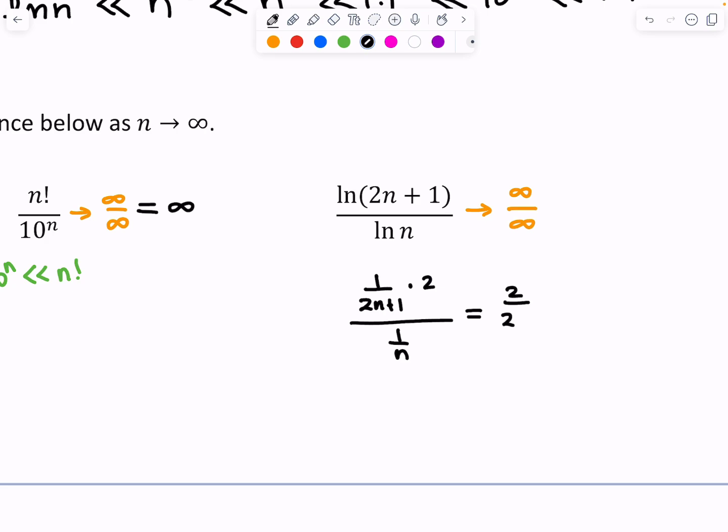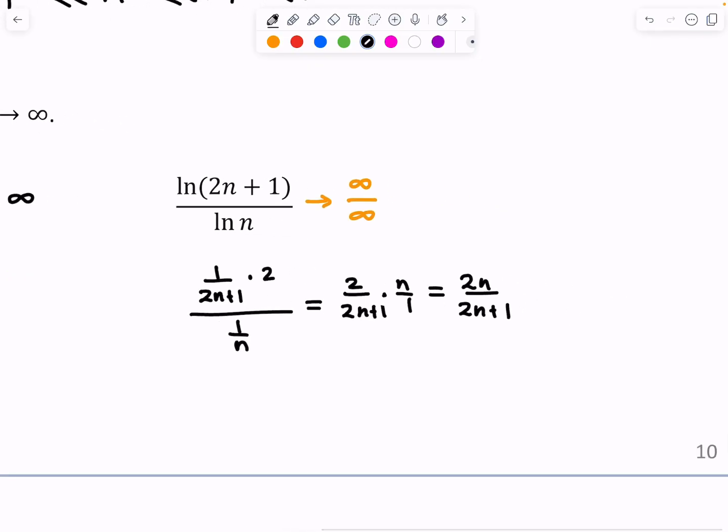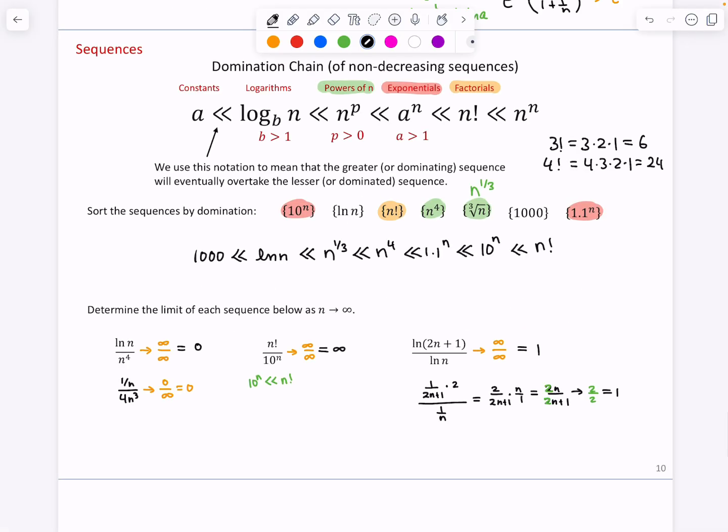It'll be 2 over 2n plus 1 times n over 1, which will be 2n over 2n plus 1. And this is a balanced rational function. We could use L'Hopital's rule on it, but we also know, because this is balanced, that the limit will be the leading coefficient 2 divided by the leading coefficient 2, which is just a limit of 1. So this limit up here is equal to 1. Okay, and this concludes our lesson on sequences.